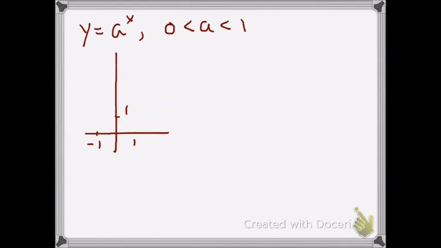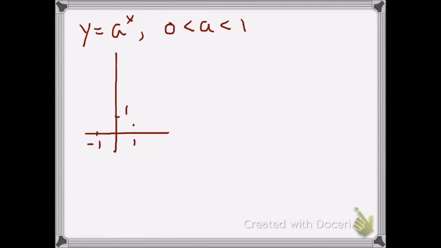Now the graph of this exponential function y equal a to the x, when a is between 0 and 1, will be a decreasing function. So when x is equal to 1, we have y equal to a. Now a is between 0 and 1, so it'll be something less than 1.